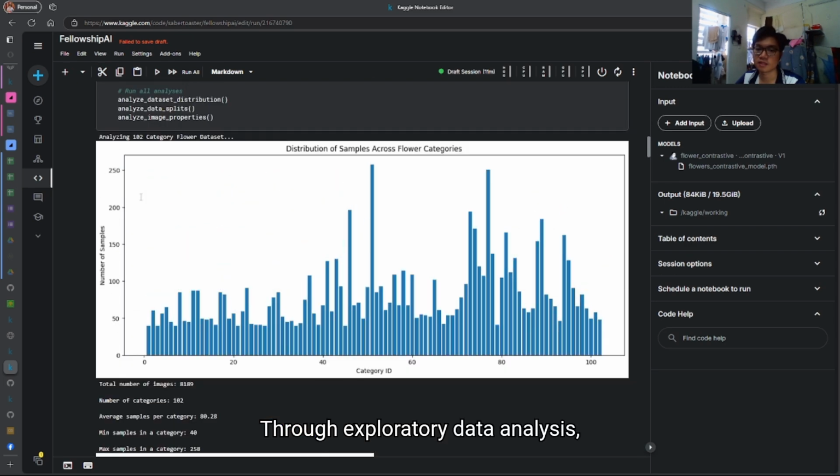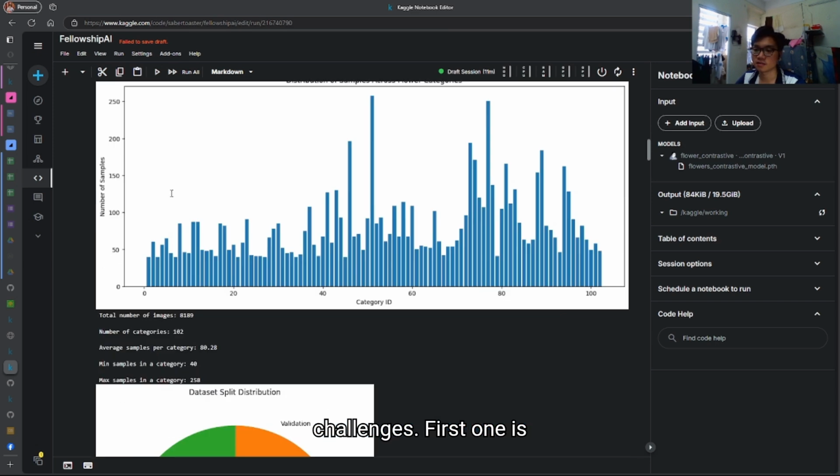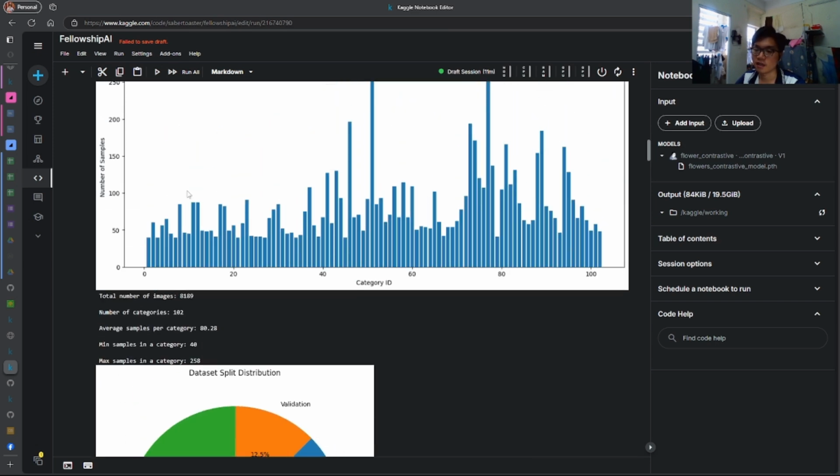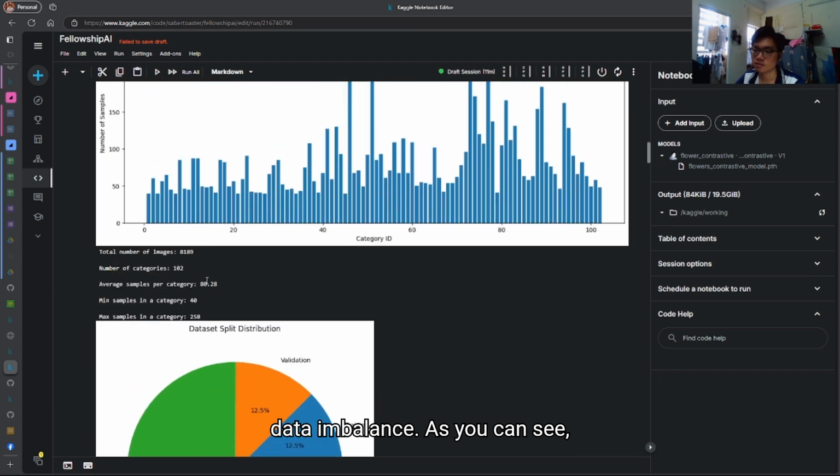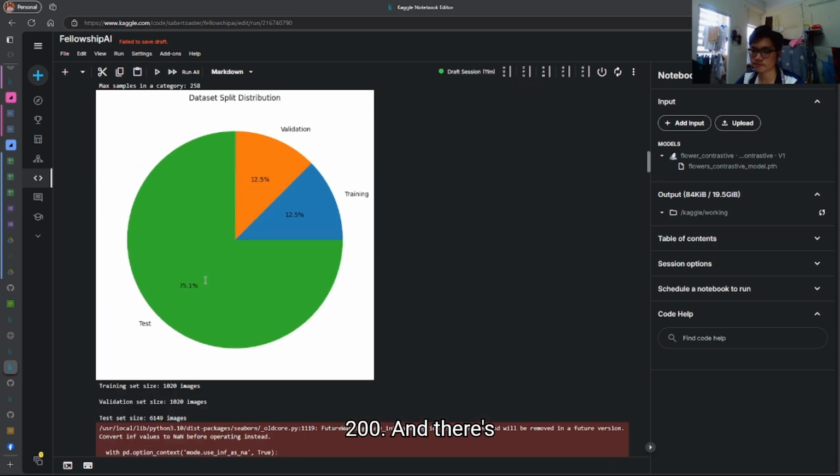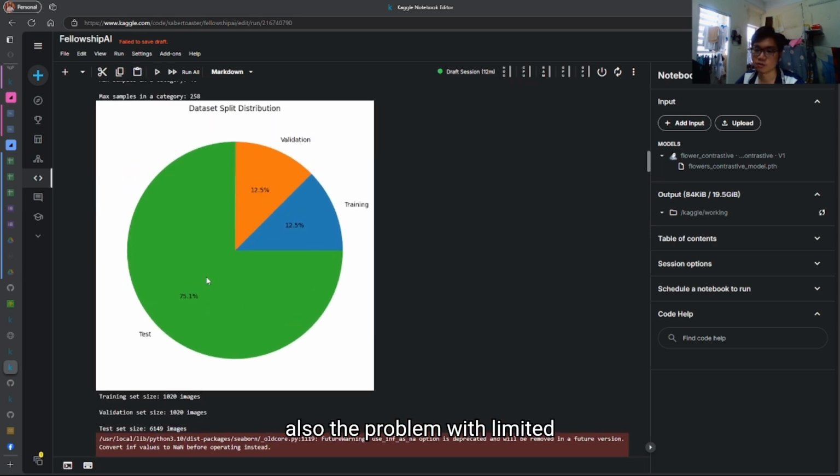Through exploratory data analysis, I identified three significant challenges. First one is data imbalance. As you can see here, the minimum samples in a category is 40, while the max samples is above 200. And there's also the problem with limited training data from the original paper.